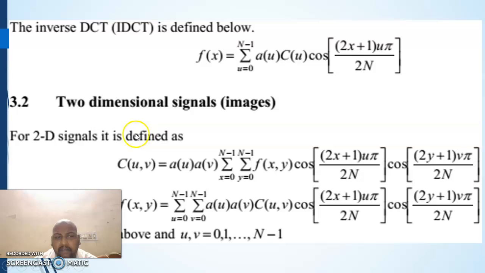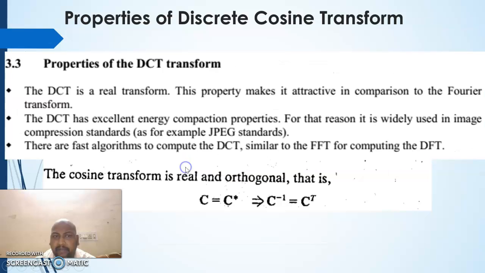So we have the 2D DCT forward transformation function and the inverse DCT transformation function.